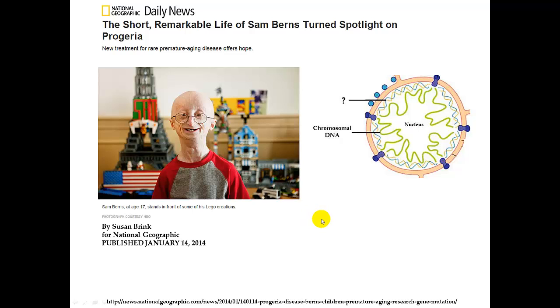So the point of this slide is that the nucleus does serve a protective function. It protects the DNA that's inside of it, and here's the proof of that. If you have a condition where the nucleus is weak, then you see the effects of the DNA being broken down prematurely.